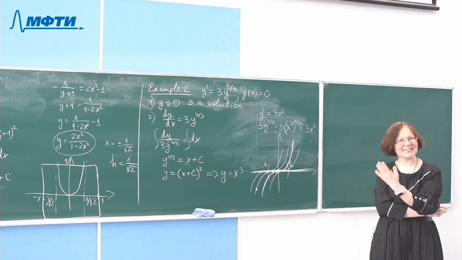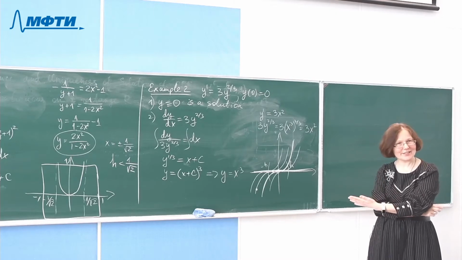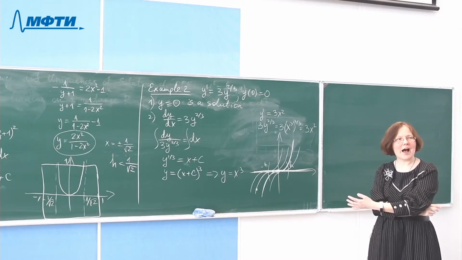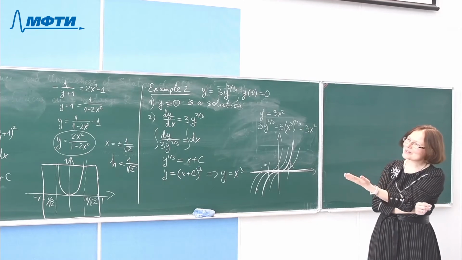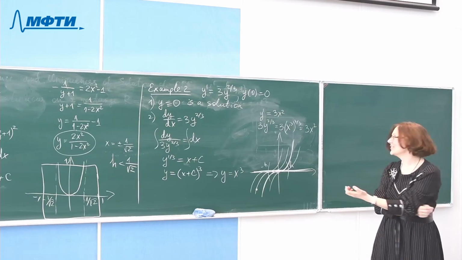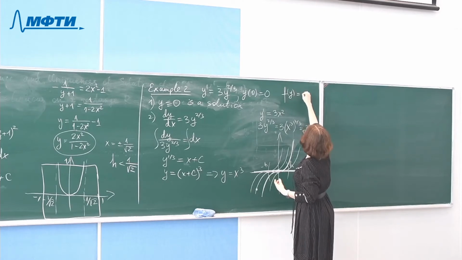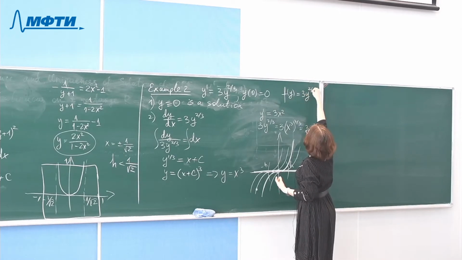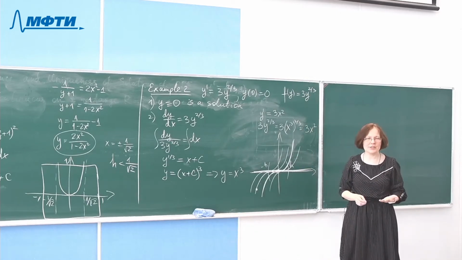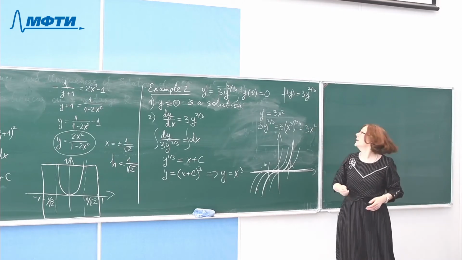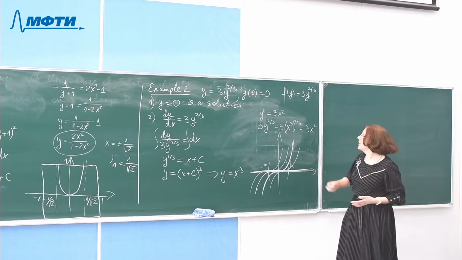So f and the partial derivative with respect to y should be both continuous in some rectangle. Is this requirement satisfied or not? Very simple requirements, right? So what is f? It is 3y to the power 2/3. It's continuous in the entire plane. It doesn't depend on x, and it is continuous in the entire plane. What about the partial derivative?